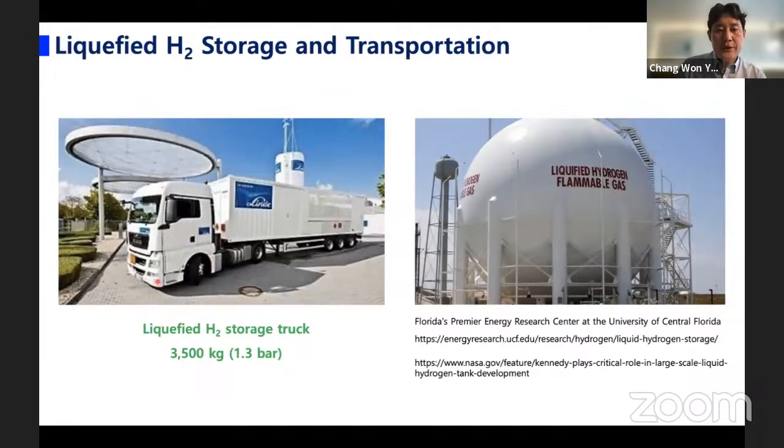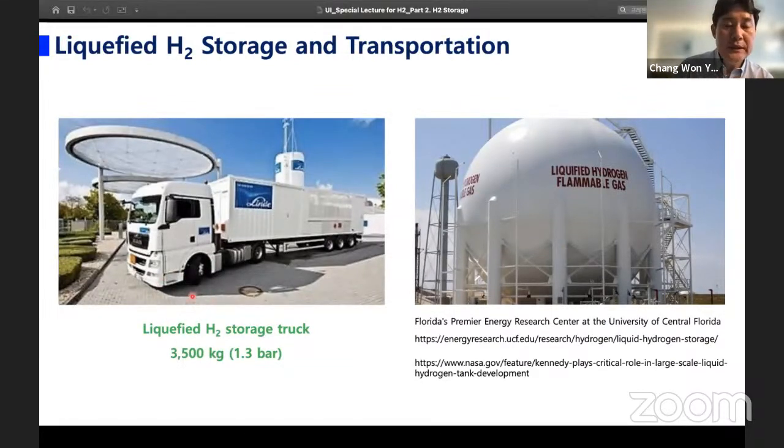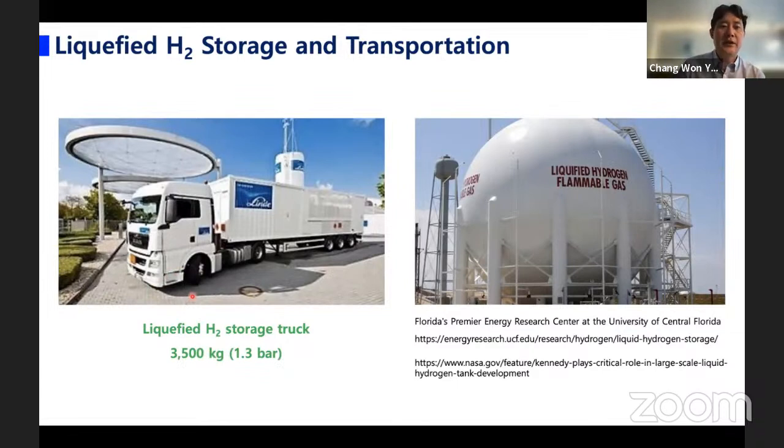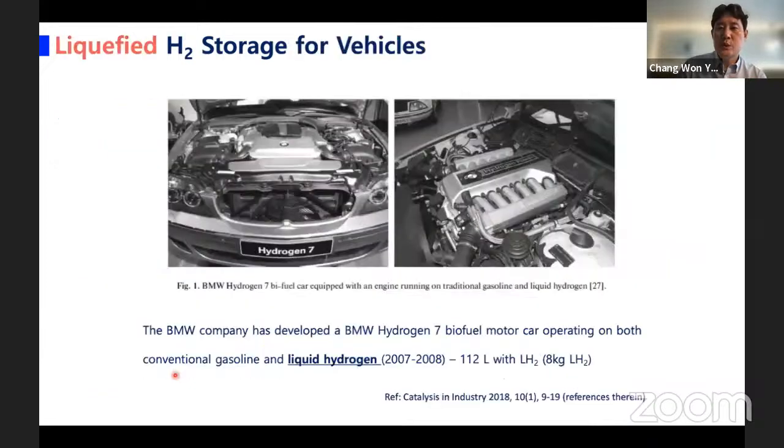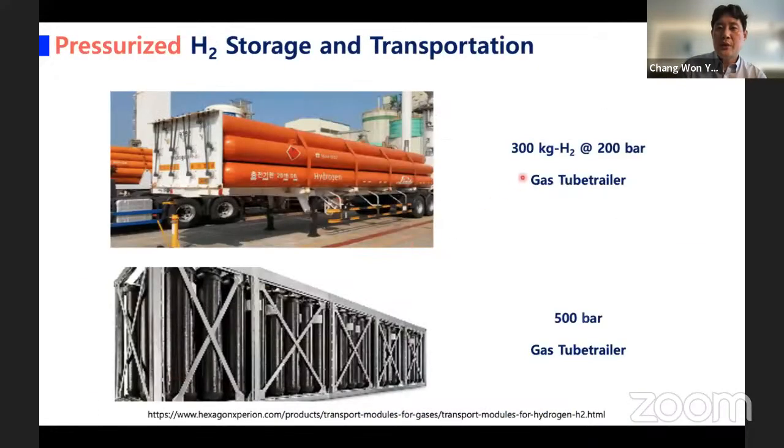And this liquefaction technology is much more advantageous in terms of hydrogen storage compared with compressed hydrogen. Remember that compressed hydrogen stores only 300 kilograms of hydrogen at 200 bar as shown here, and the volume is very big.